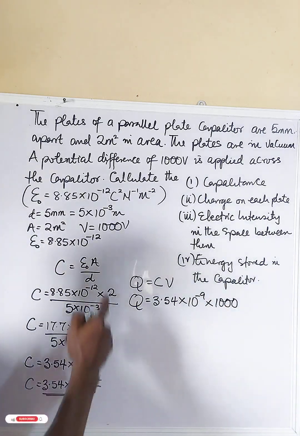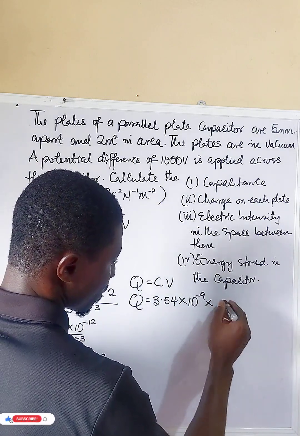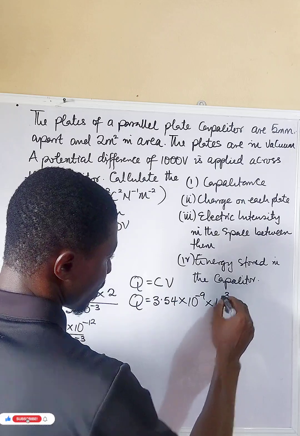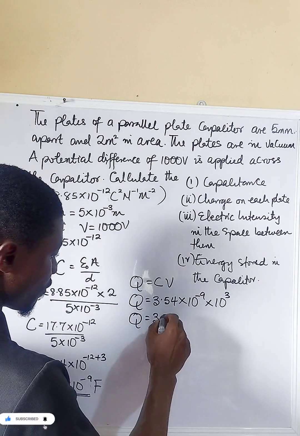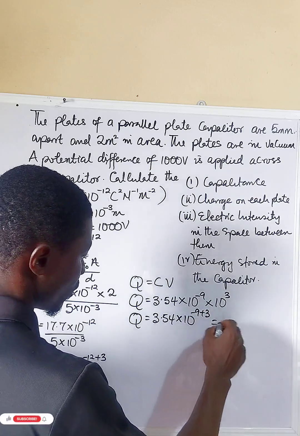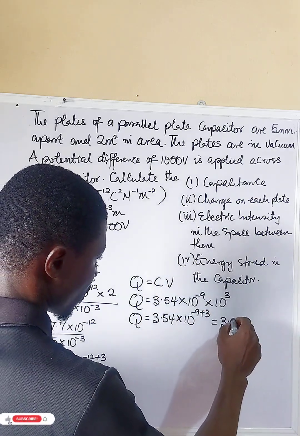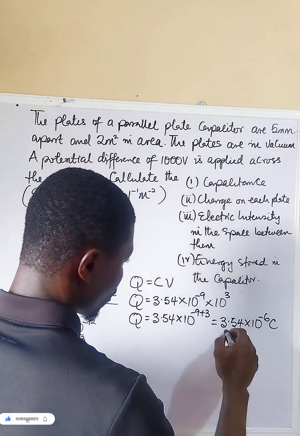Putting 1000 in index form is simply 10 to the power of 3. So the charge will be 3.54 times 10 to the power of minus 9 plus 3, which gives us 3.54 times 10 to the power minus 6 coulombs.